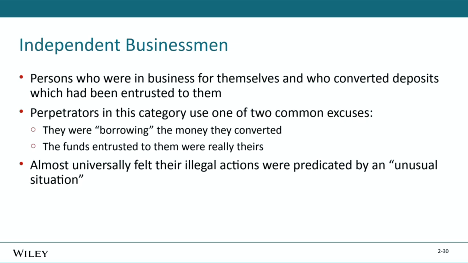They were given some money and were supposed to do something with it, maybe take it to the bank, maybe purchase some equipment with it. But they did not. Perpetrators of this category use one of two common excuses. I was just borrowing the money.